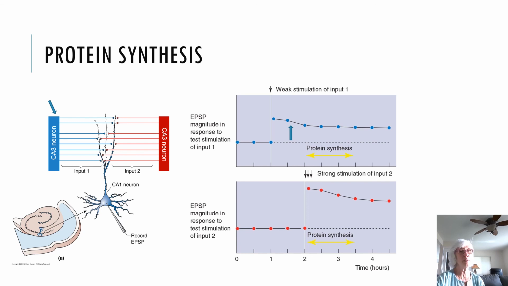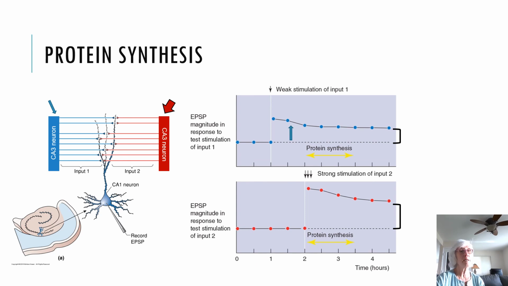But what we're going to do is strongly stimulate the other input, the other CA3 cell. The other CA3 cell is synapsing on the same CA1 cell that saw the first stimulus. But now, as a result of this strong stimulus of the CA3 cell, we're going to have LTP in the CA1 cell. But we're also going to maintain the signal, we're maintaining that LTP that came in from the first stimulus.